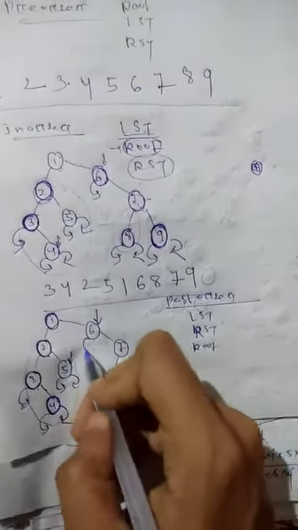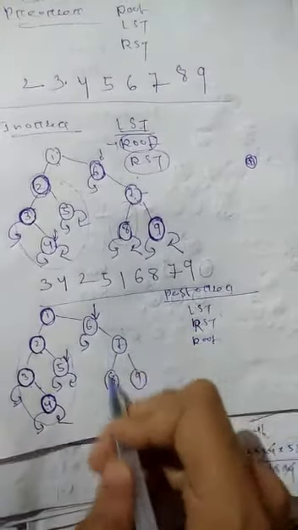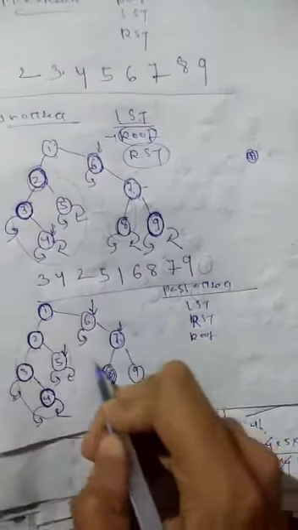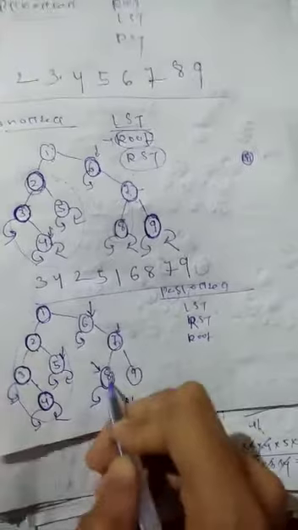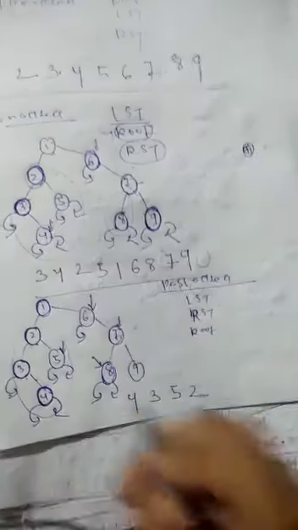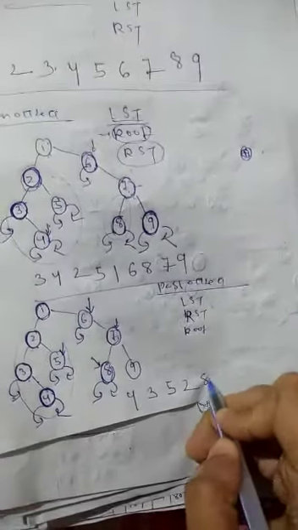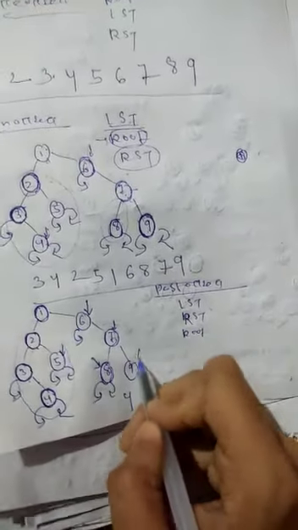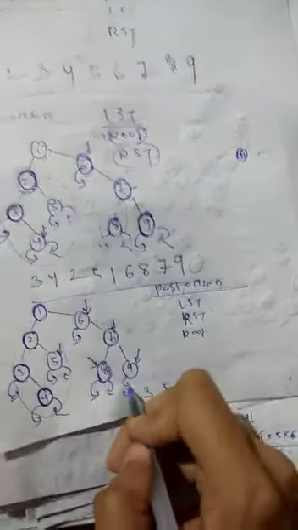For 1, the left subtree is completed but the right subtree is there, then go to the 6. For 6, the left subtree is completed but the right subtree is there, then go to here. For 7, it goes again to the left subtree. For 8, no left subtree, no right subtree, then print it. You have to print it. Okay, then 7, the left subtree is completed, then go to the right subtree. No left subtree, no right subtree, then print it.